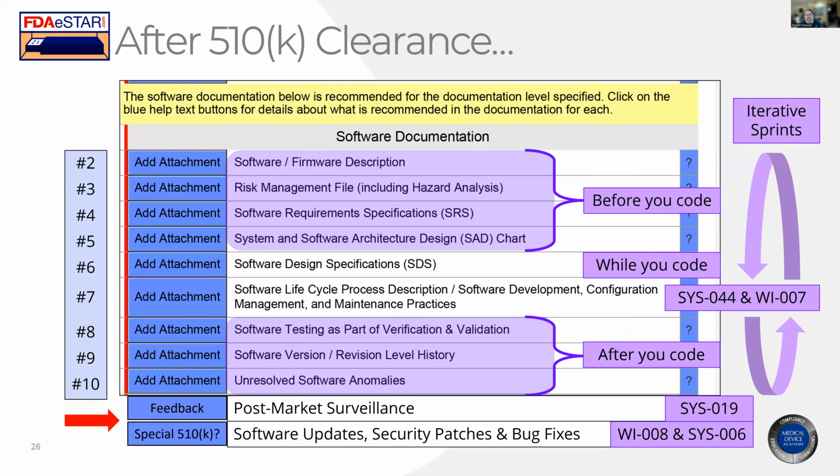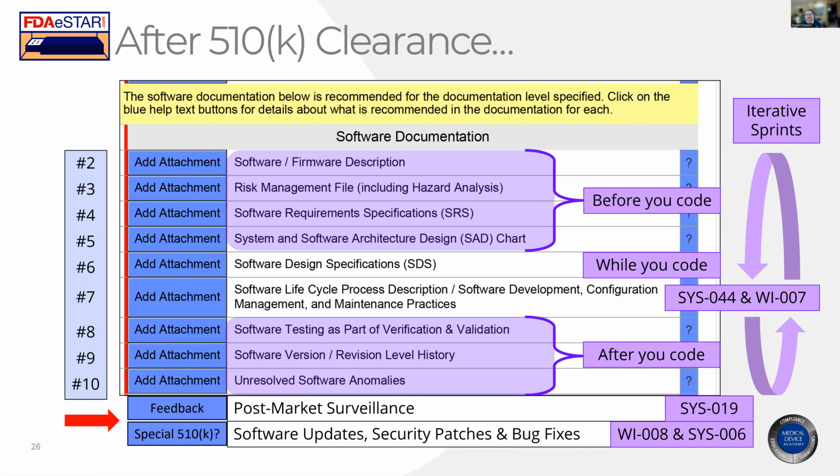I showed you this slide before, but I added two more rows at the very end. So after you have developed your software, after you've submitted your 510K, and after you've received clearance, you're going to have to make changes to your software. In fact, during that maybe it was 125 days to review your 510K, during that period of time, you may have fixed some of those bugs.